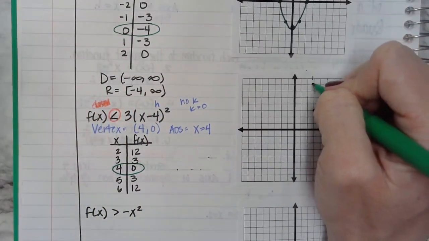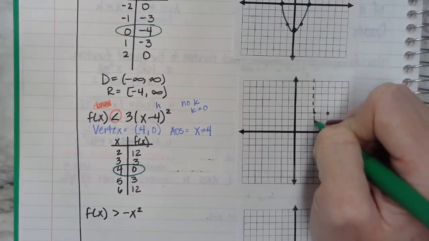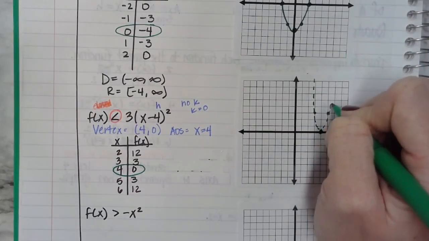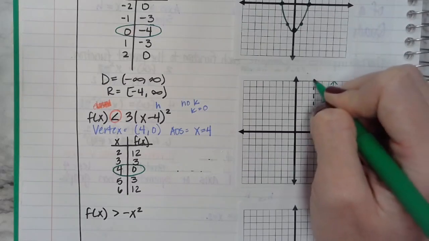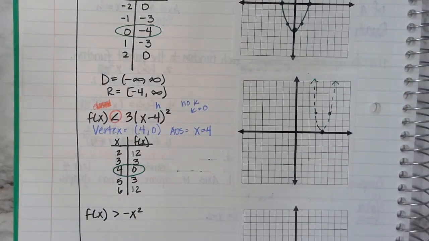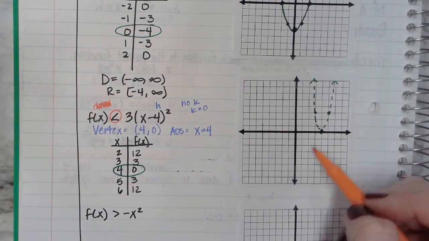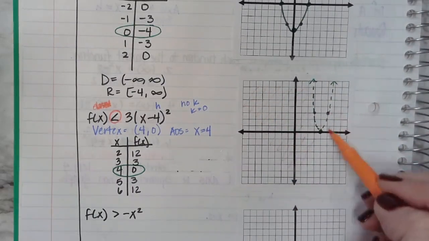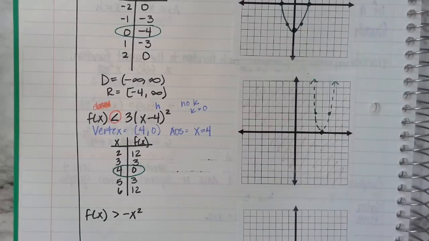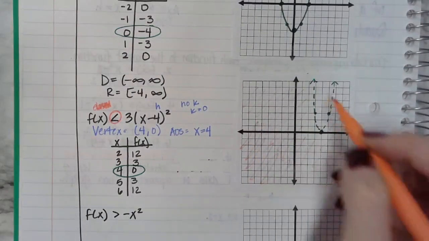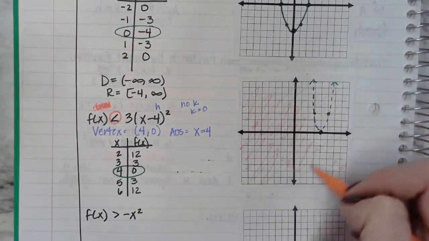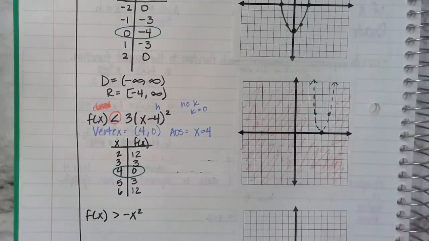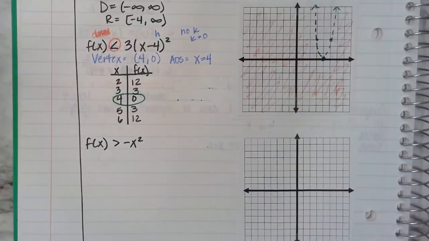So we're just going to carefully draw this dashed line here, make this U shape, plop those arrows on the ends, and then since it's below, it's everything underneath, everything underneath that quadratic, that parabola.